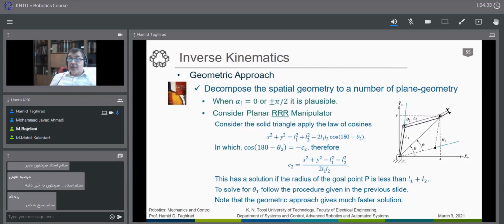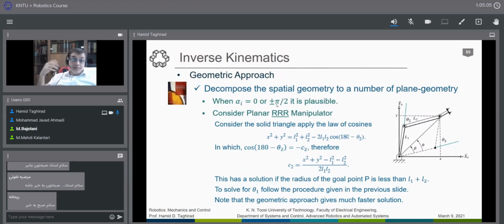If these angles are either 0 or plus minus pi over 2, we can isolate the problem into some planar cases, and then we can use the solution that I gave you here many times again in this case. And if we have this, then we can use analytic geometry here.